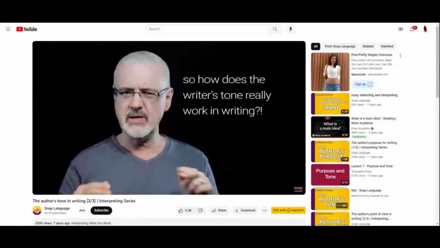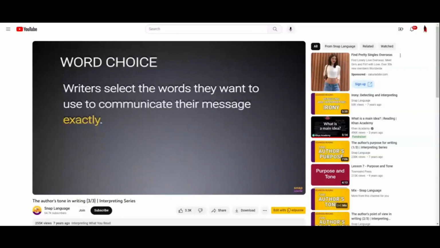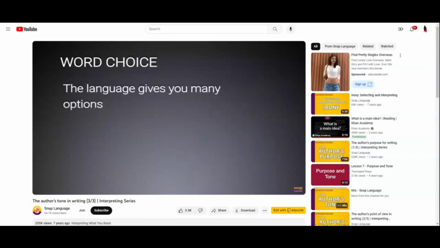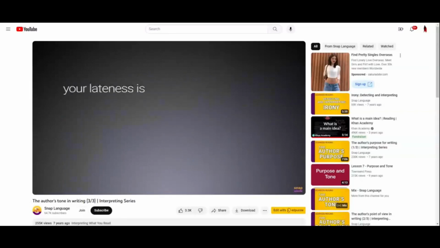So how does the writer's tone really work in writing? Word choice. Writers select the words they want to use very carefully because they want to communicate their message exactly. Thankfully, the language gives you many options that communicate many nuances. For example, I can say your lateness is annoying or irritating, infuriating.